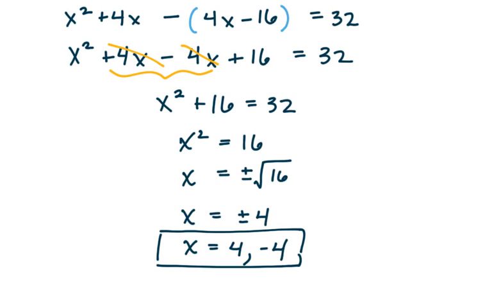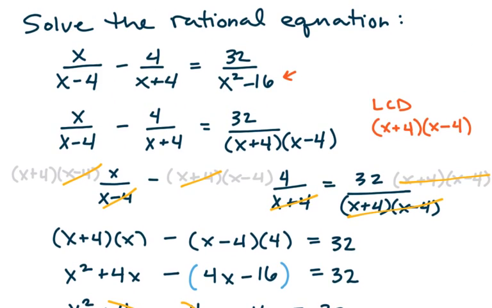How fantastic. But are we? So what we need to ask ourselves is, do these answers check? You always want to ask yourself if the answers check. So if we go back up to the original problem and we look at what would happen if we put positive 4 or negative 4 into the problem, we would end up in both situations with a 0 in the denominator.